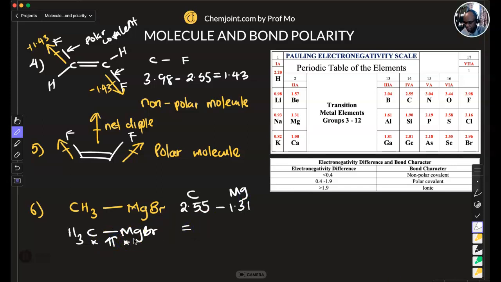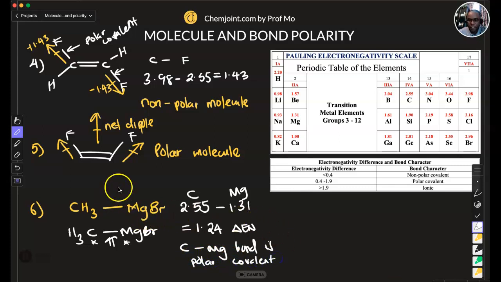So I come to my calculator, just being careful. I can do it off the top of my head, but I don't take chances with chemistry. It's a 1.24 change in electronegativity, and that's between 0.4 and 1.9. So the CMg bond happens to be polar covalent. Where are the charges?